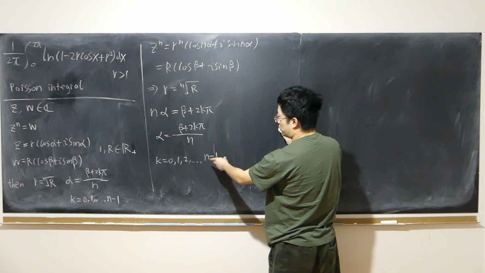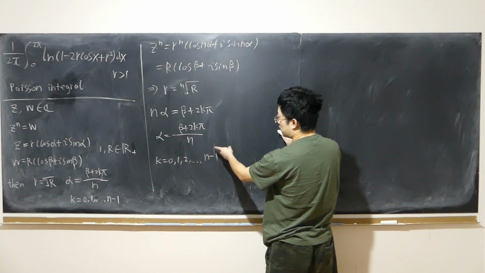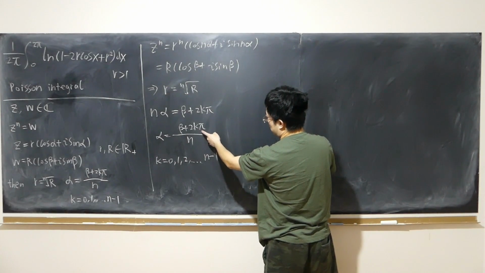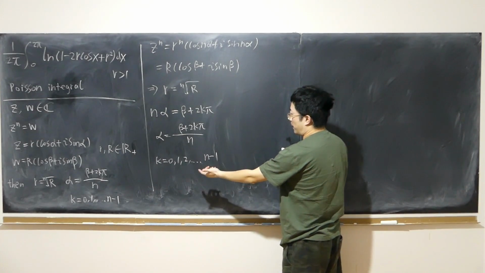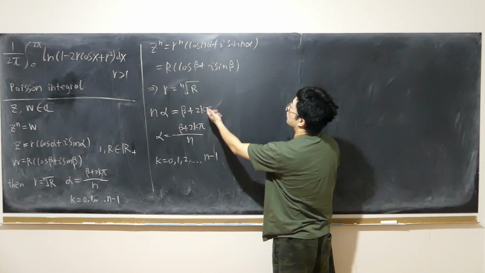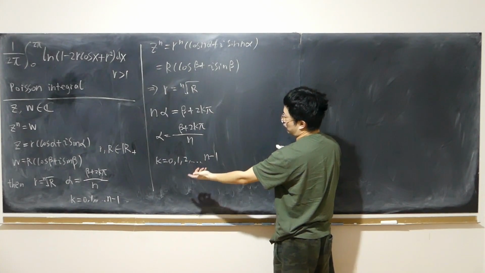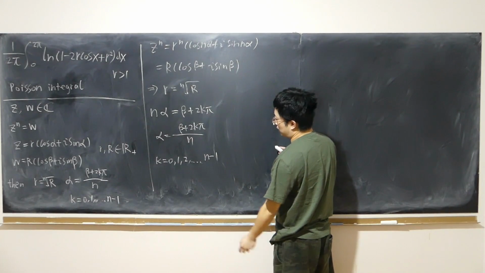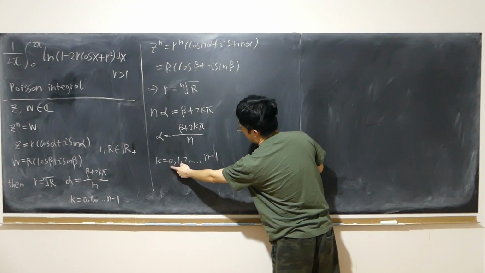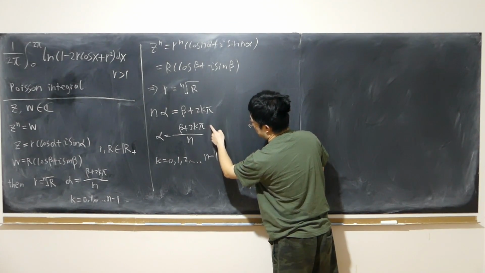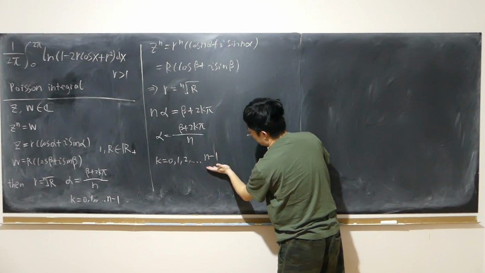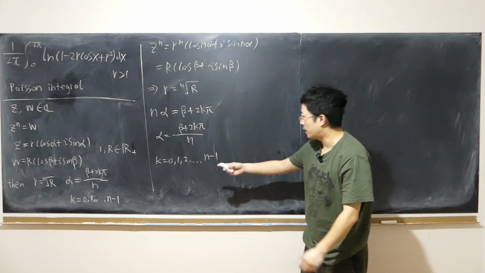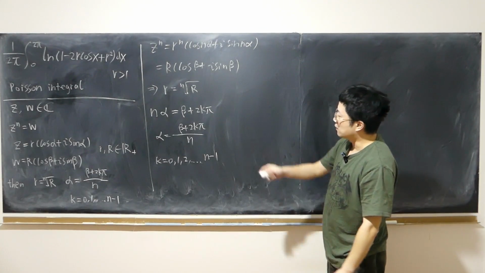Because if k was equal to n, then we would have 2 times n times pi divided by n, which is equal to 2 pi. So again, cosine of beta plus 2 pi is equal to cosine beta. In other words, that's the same situation as when k is equal to 0. So again, we only go up until n minus 1, exactly n different possibilities. So that's done.